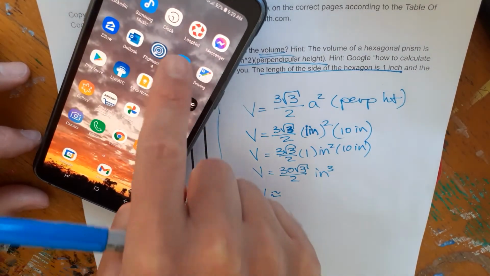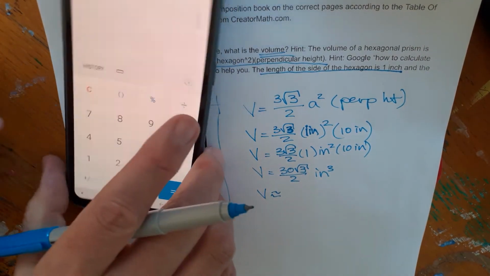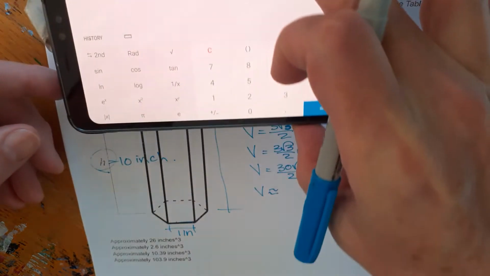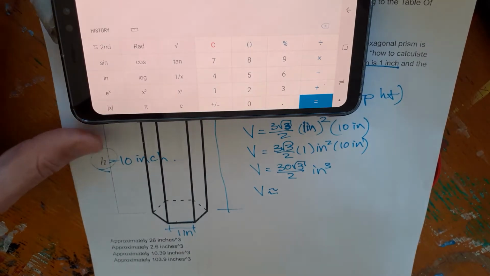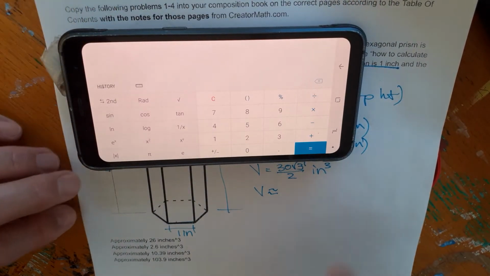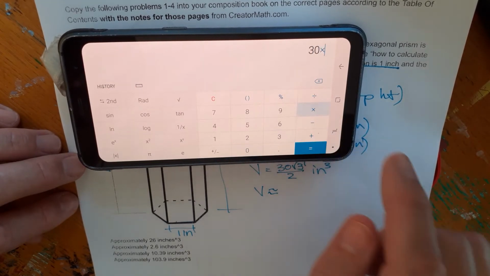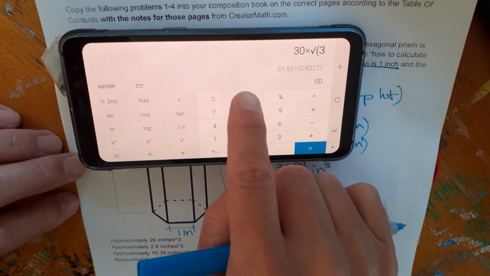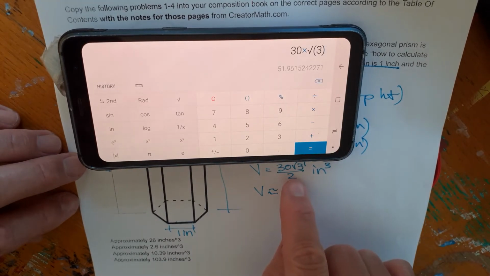So go to your calculator. Make sure to turn your calculator horizontal and don't have your lock on or it won't shift. And let's type this in. Let's do 30 times square root of 3. I'm going to put a parenthesis to box that in, and I'm going to say divided by 2.